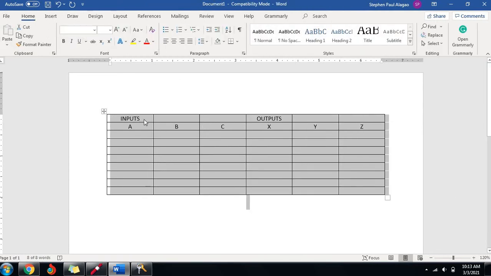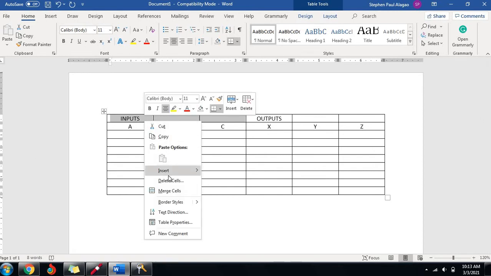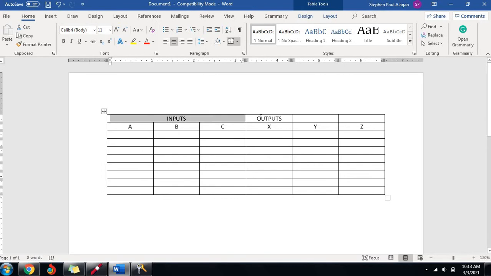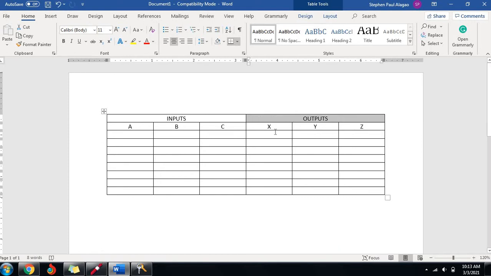For your inputs and outputs, you can choose any variables you want. For me, I just represent the inputs by letters like A, B, C, and of course for the outputs we have X, Y, Z. But you can also select for your outputs F1, F2, F3, or for inputs A1, A2, A3.